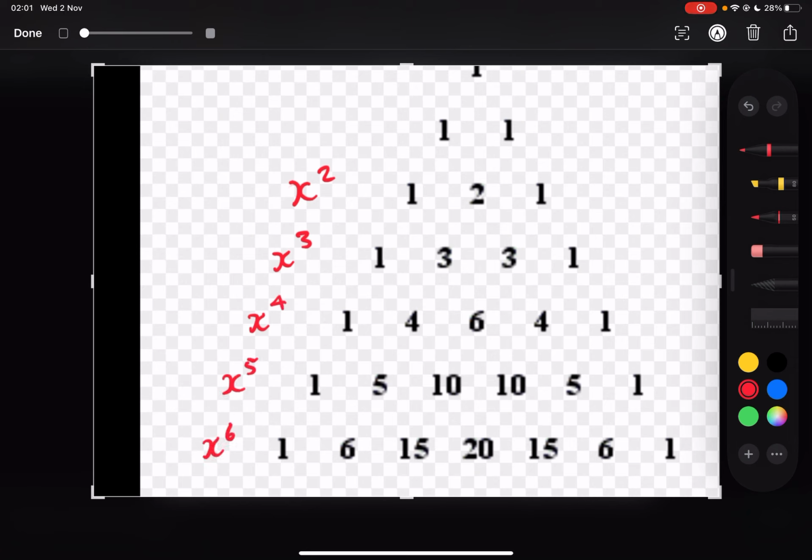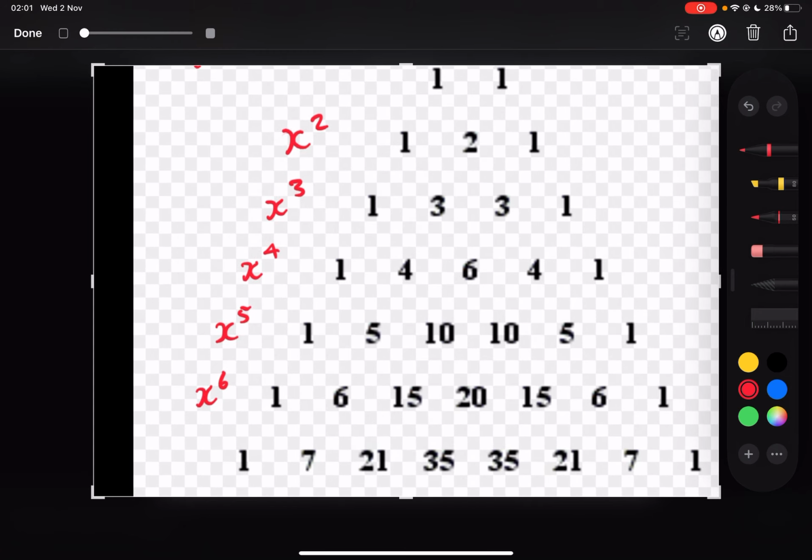So if you are expanding x plus s to the power 5, it would become x5, 5x4 s, 10x3 s squared, etc., etc., etc.